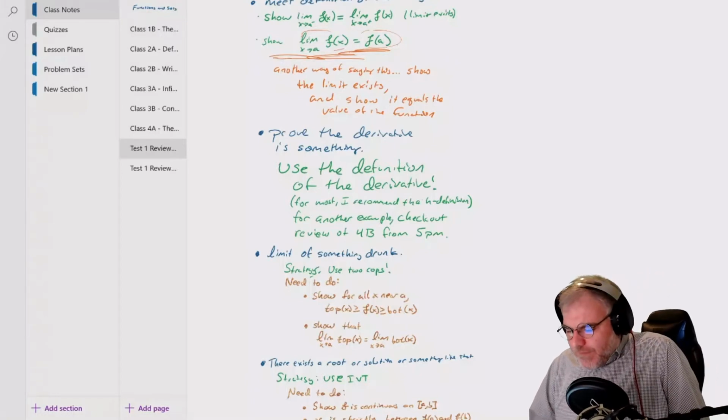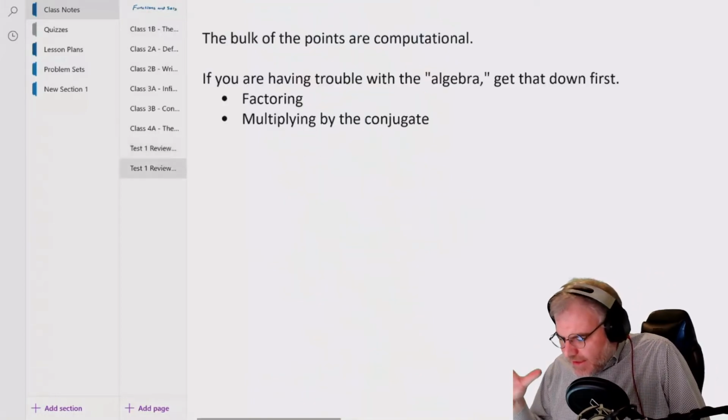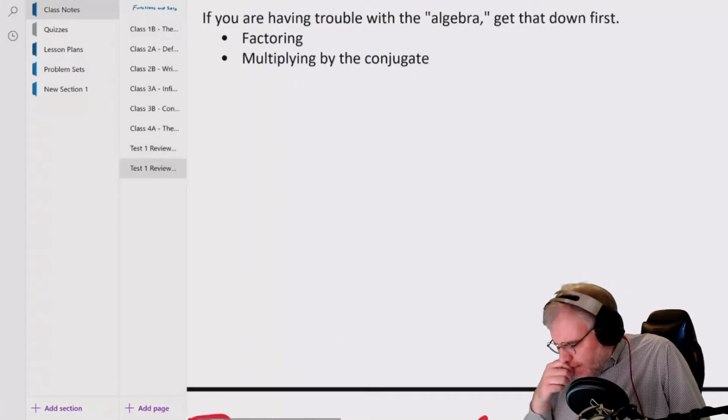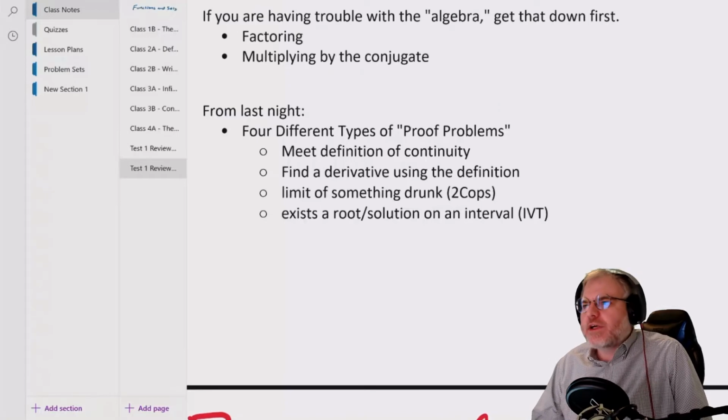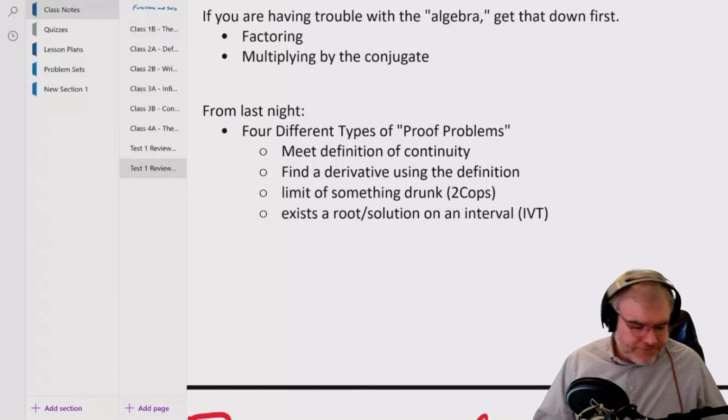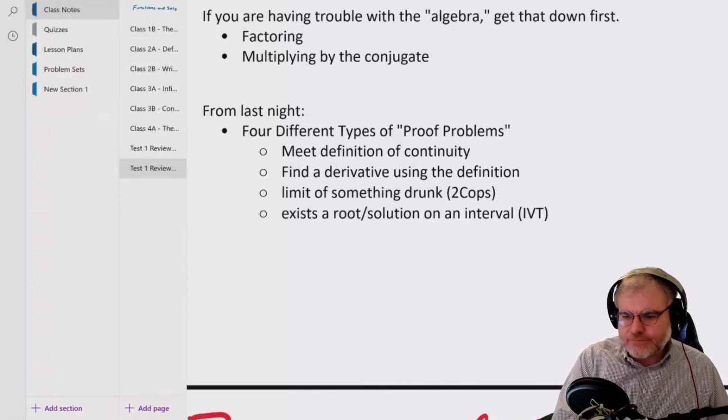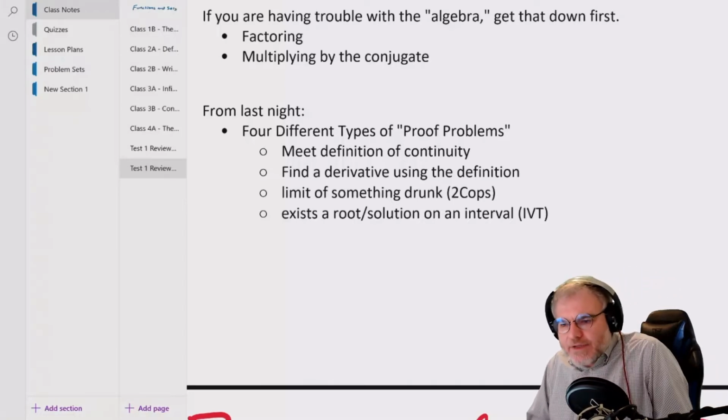All right. So how do we feel about the idea that these are the types of proof problems that exist? 1 to 5. Okay, there we go.